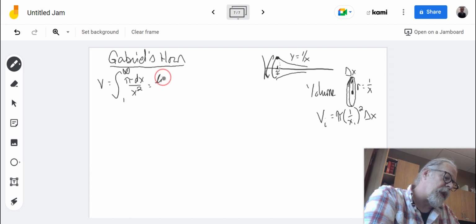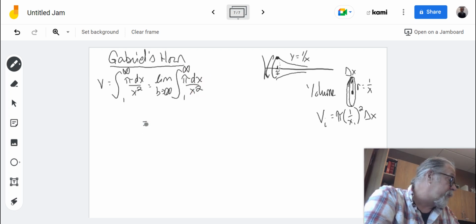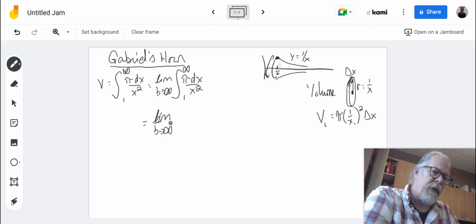So we're going to take the limit as b goes to infinity of the integral from 1 to b of pi dx over x squared. The antiderivative of pi over x squared is negative, let me write in the limit as b goes to infinity. It gets a little tedious, and sometimes I forget to do it.